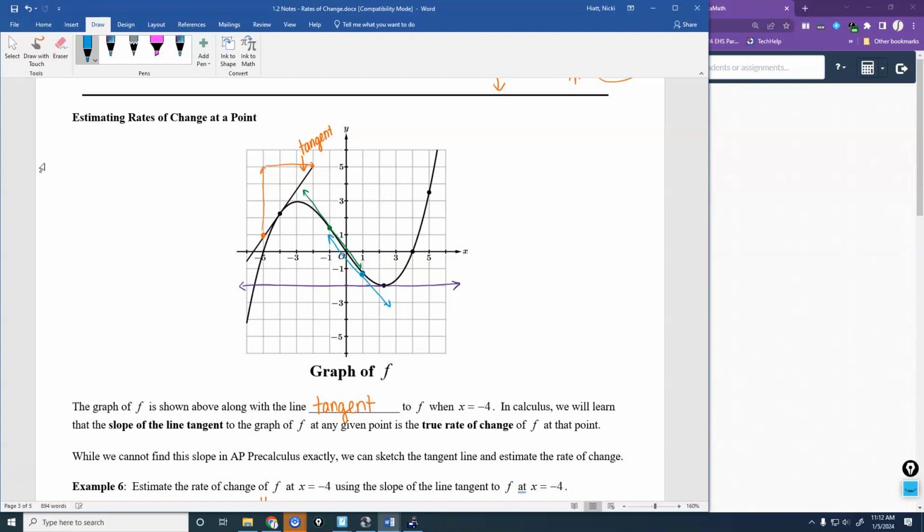That green line and the blue line are kind of close to each other. Let's draw in a tangent line right here. So that's going to be a line that just barely touches that graph like this. And then colors that I've not used. Let's use this light green. This tangent line right here.